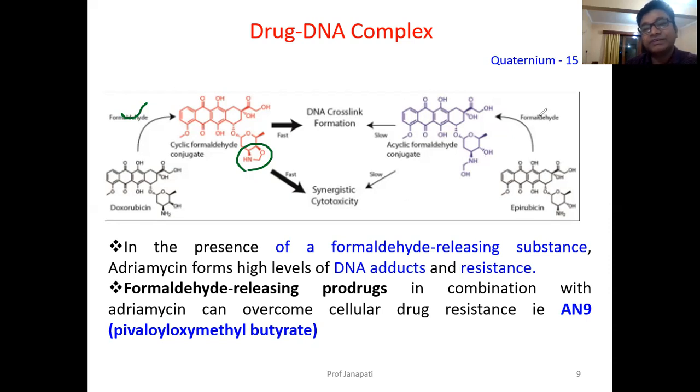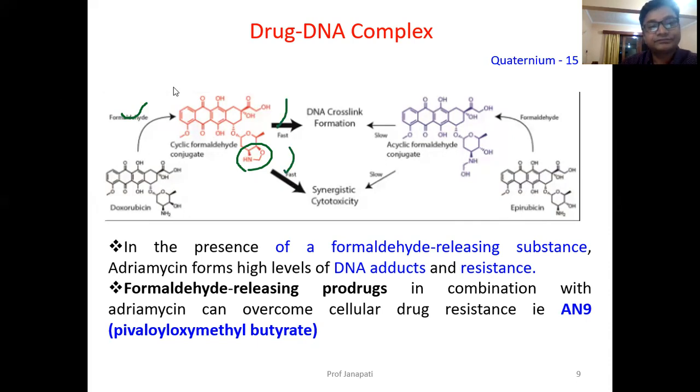Even with epirubicin, you can see it. This is the advantage of formaldehyde releasing substance. Nowadays, they're combining it with doxorubicin. Especially with doxorubicin, you can see it is very fast.